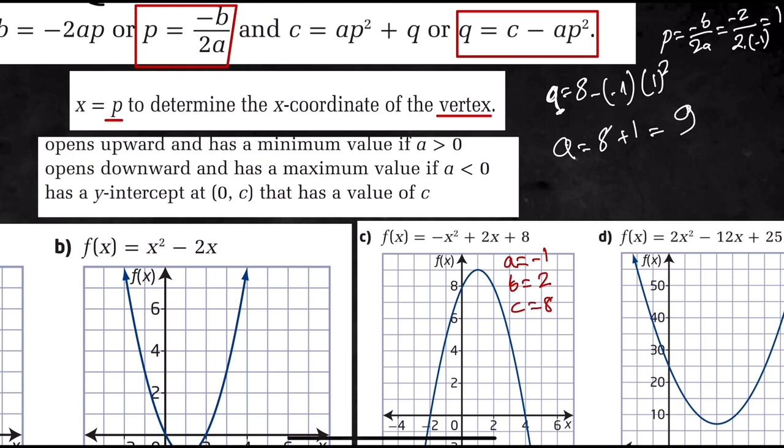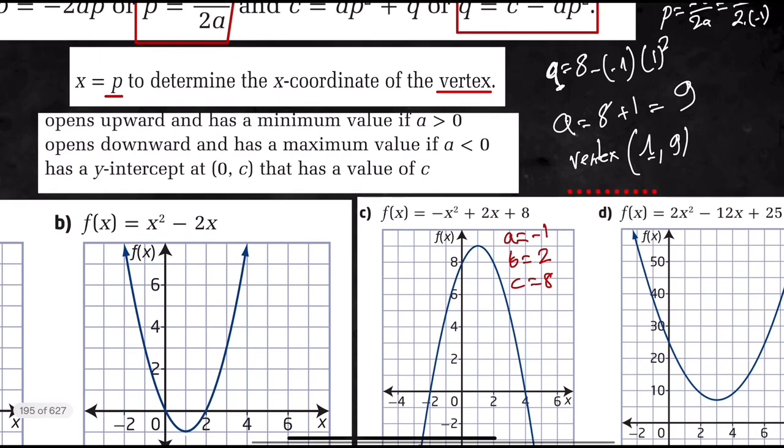So now my vertex point is P and Q, so it is 1 and 9. And I know from my previous explanation that the axis of symmetry will be at P. So I will have my symmetry at 1 here.